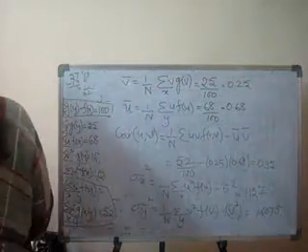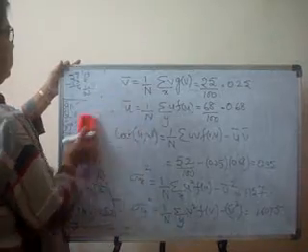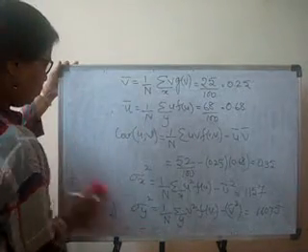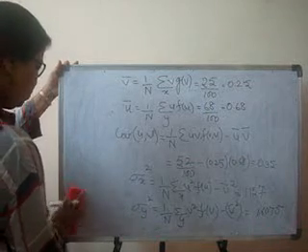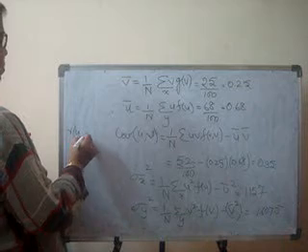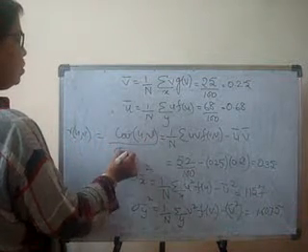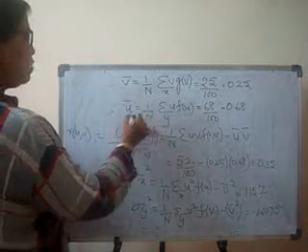And our correlation is equal to R of u comma v is equals to covariance of u v divided by sigma u sigma v. So what are the values?